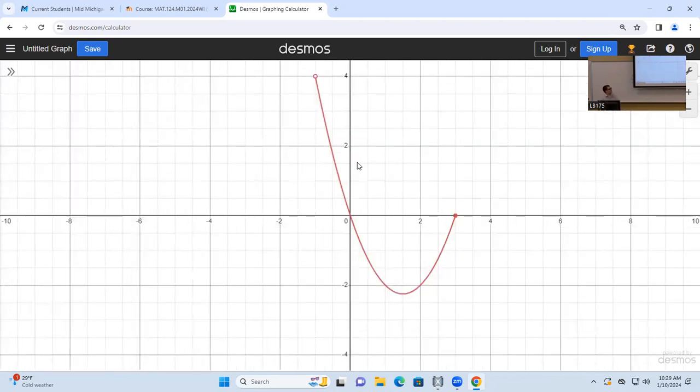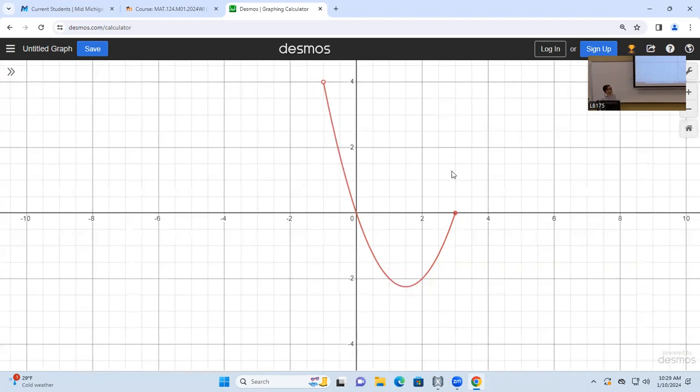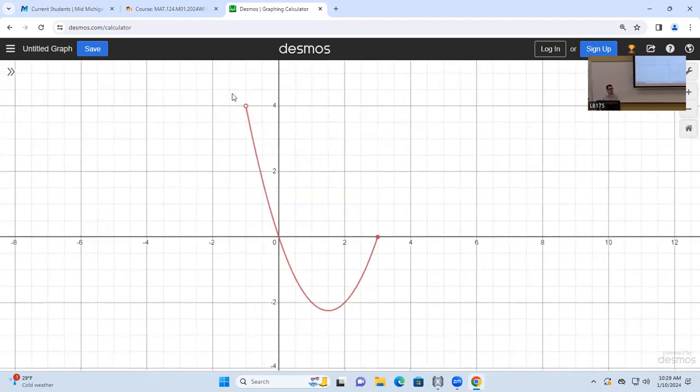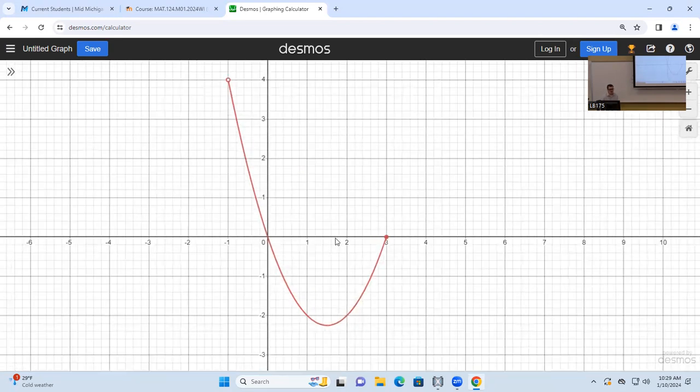All right, so let's say you didn't see me type in what I just typed in, but I gave you this section of a graph that looks like this, this graph in red.